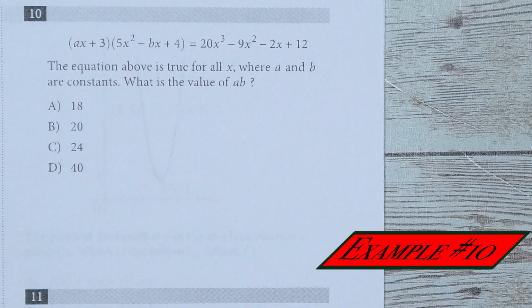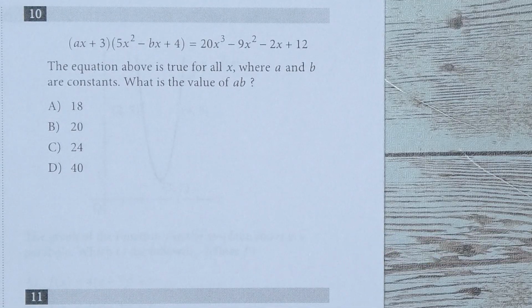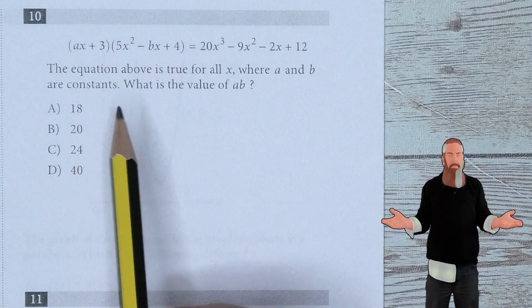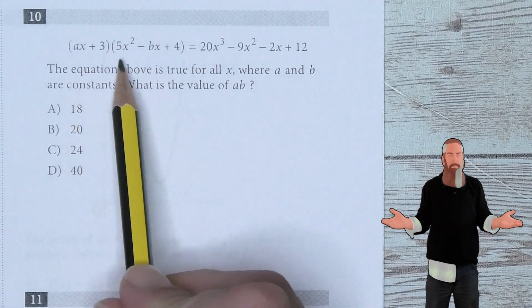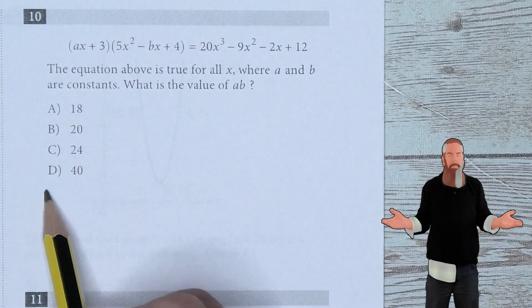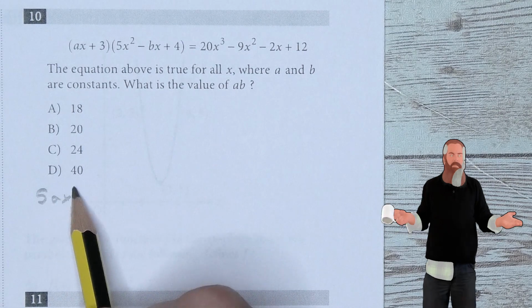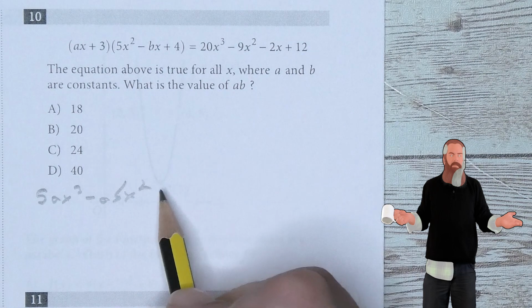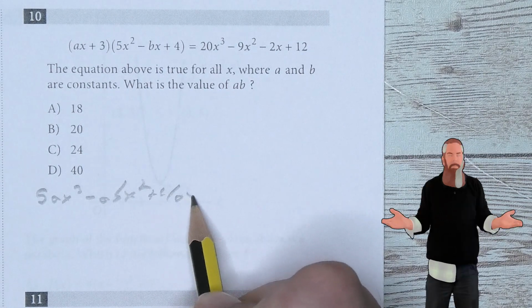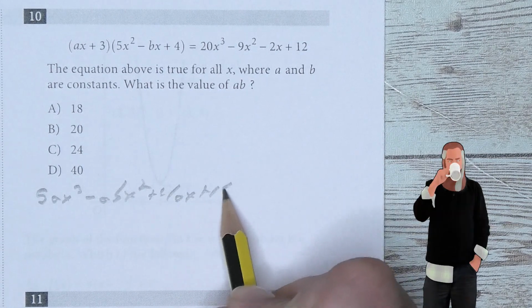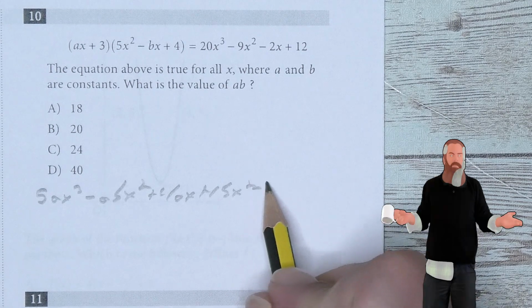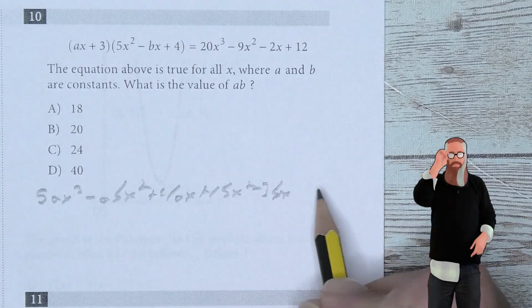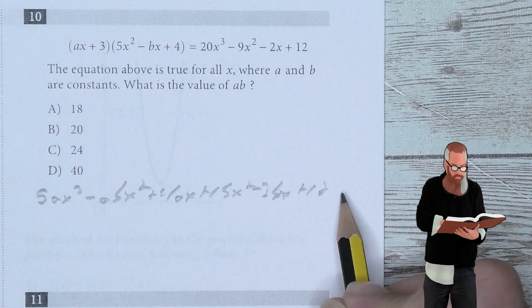The equation above is true for all x, where a, b are constant. What is the value of a times b? First, let's go ahead and multiply out this set of parentheses here. This is going to give us 5ax cubed minus abx squared plus 4ax plus 15x squared minus 3bx plus 12.